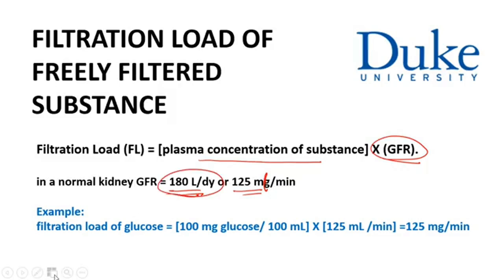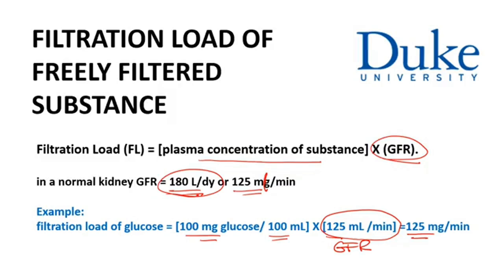So what are we talking about? An example would be if we have glucose in our plasma, and the glucose is at 100 milligrams of glucose in 100 milliliters of blood. That multiplied by the glomerular filtration rate, or GFR, which is 125 milliliters per minute, would tell us that we have 125 milligrams per minute of glucose being filtered and entering the filtrate of the kidney.